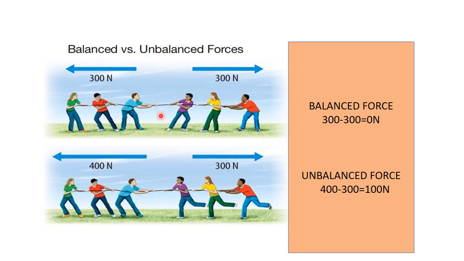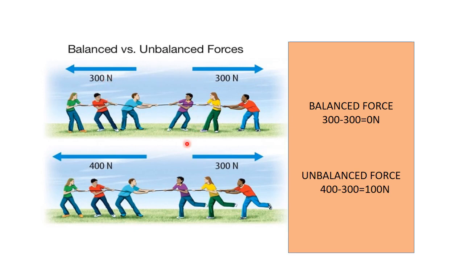Okay, this is a picture of pulling a rope, or tug of war. There are two groups. Each group exerts a force of 300 Newton in opposite directions. One group gives a force towards the west, the other group towards the east. Both groups give the same amount of force, 300 Newton.